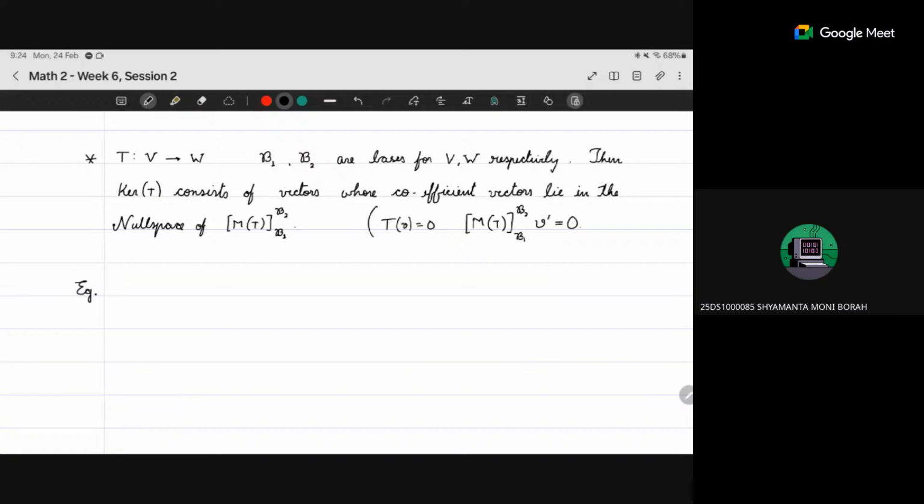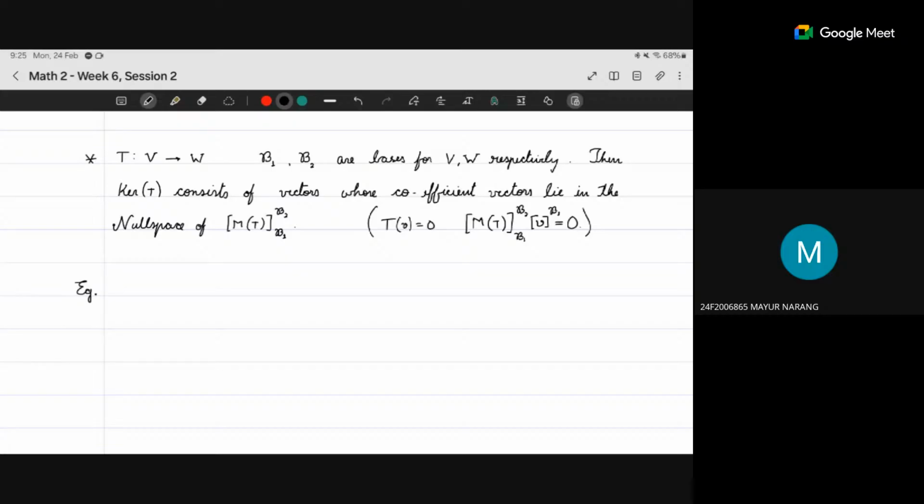It becomes matrix multiplication, and if T of v is equal to 0, then this will be 0. By definition, the coordinates of T of v are equal to this matrix multiplication. And that means that the coordinate vector of v with respect to B1 is in the null space of the matrix of T.